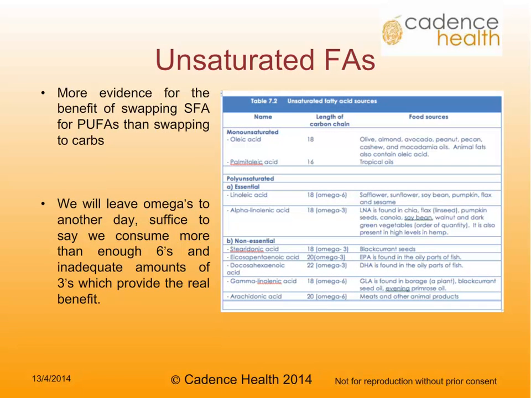So let's take a look now at unsaturated fatty acids. Now, there has been in the last 10 years a push to swap saturated fatty acids for carbs, and up until about 2 years ago that had a bit of a push. There was a current coming through where people were saying, well, maybe we should look at increasing protein and creating something called a ketotic state, where you're almost having insufficient amounts of carbohydrates to supply the body with the energy that it needs.